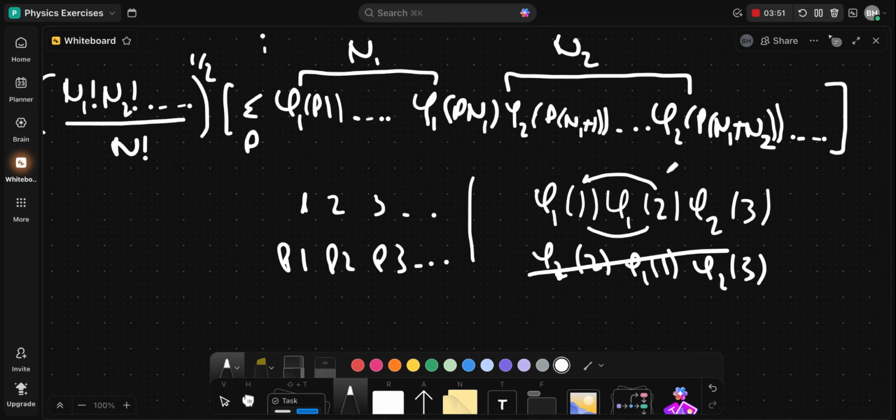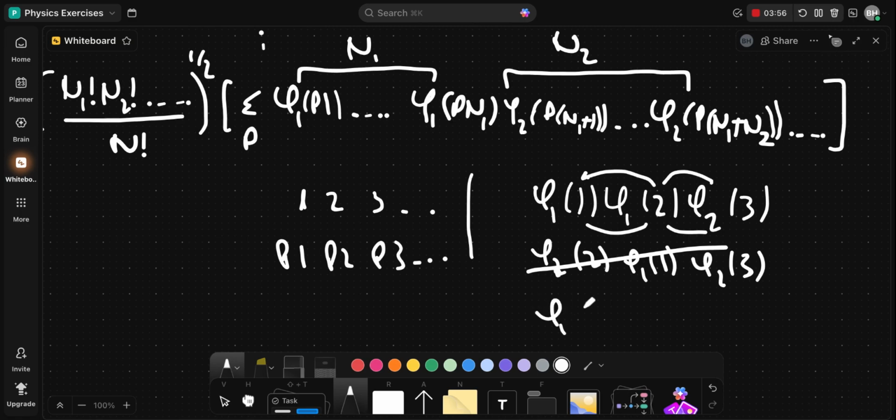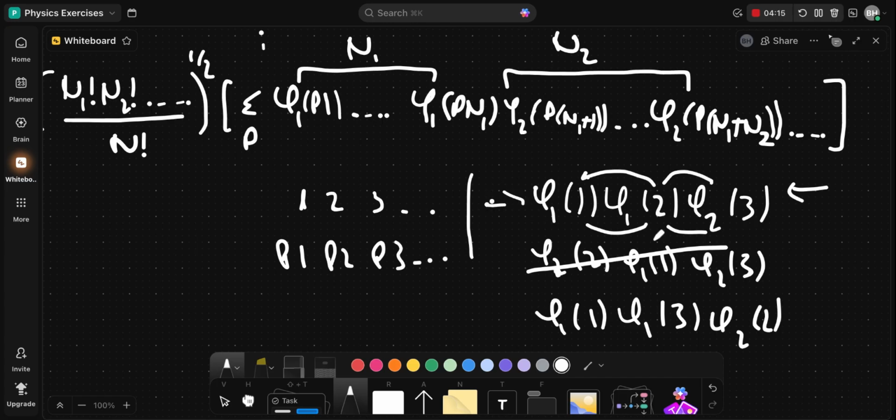However, if I permute 2 with 3, I do get a new term, right? Phi 1, 1, phi 1, 3, phi 2, 2. That's a new term, that's distinct from the first one. Because if I took the integral, if I try to normalize this it would just give me an extra 1, but this actually is 0.